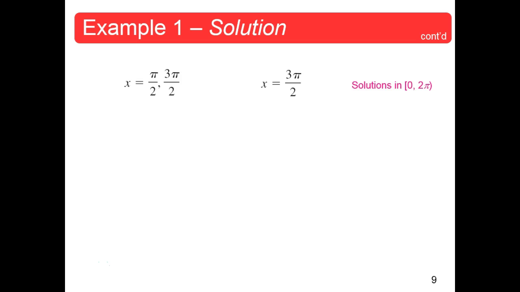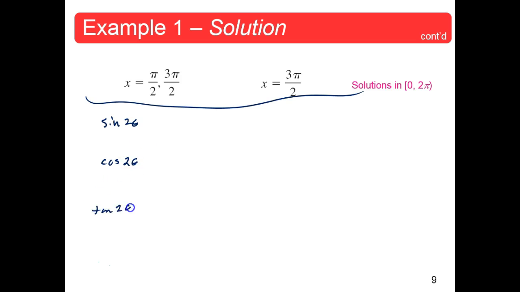We might. Let's see. Example 2. Use the conditions below to find sine of 2 theta. So we're looking for sine of 2 theta, we're also looking for cosine of 2 theta, and we're also looking for tangent of 2 theta.